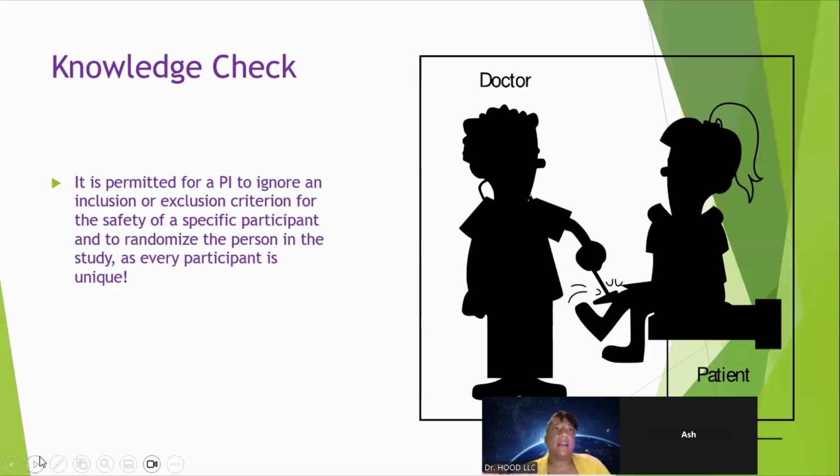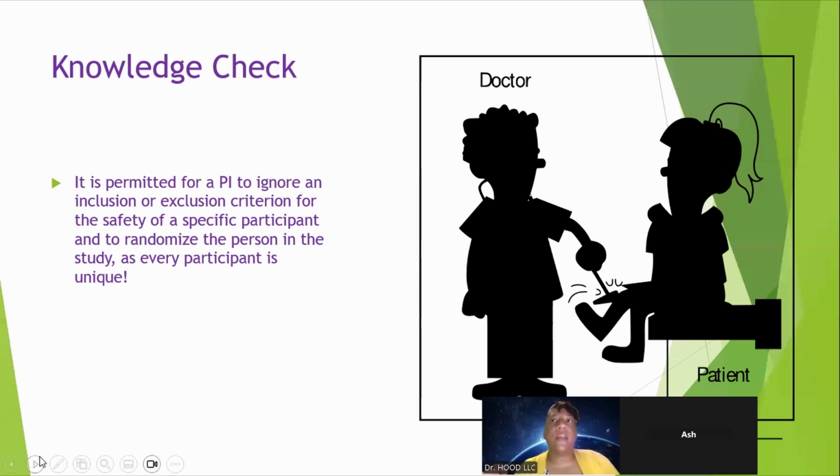So a patient can meet the inclusion exclusion criteria, but the PI, for whatever reason, decides not to put them in for patient safety reasons. So I do want to point that out. It's still up to the PI's discretion if they want to randomize that patient.